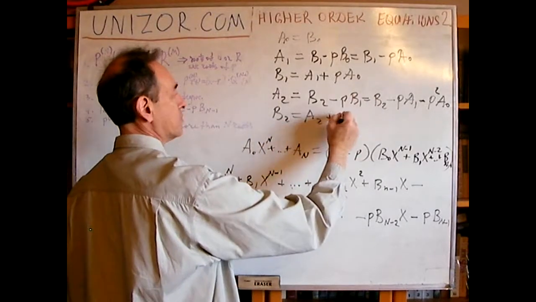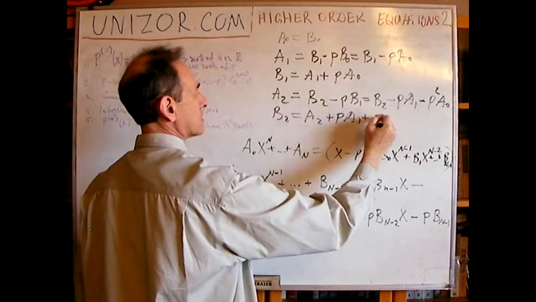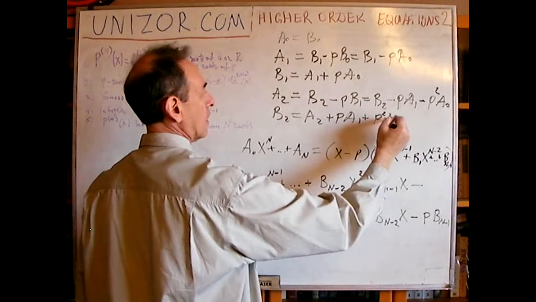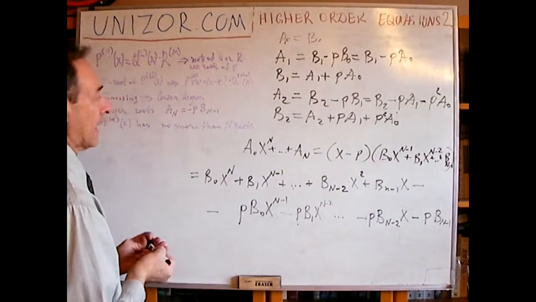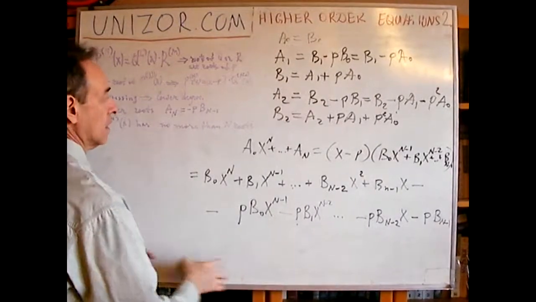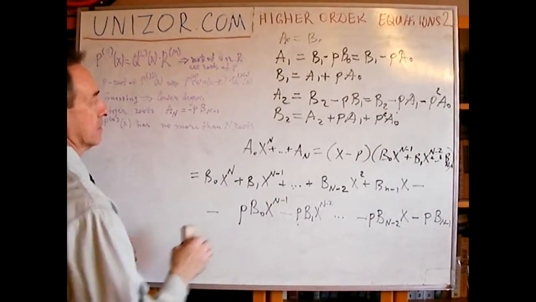A2 plus P A1 plus P squared A0. Well, I hope you see the way it goes.